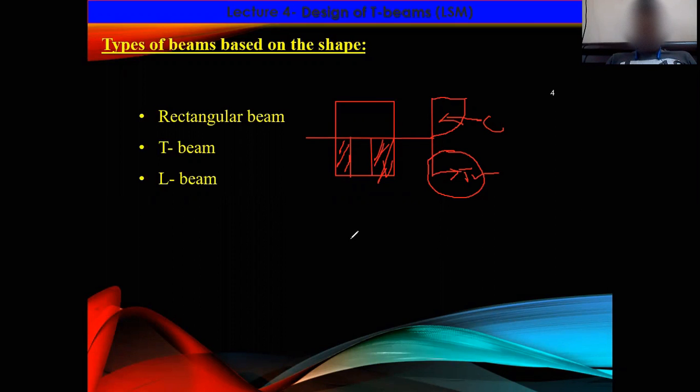See, design is nothing but what? The first criterion is safety. Whatever we are designing should be safe throughout its lifespan. And the second criterion is that it should be economical. It doesn't mean that to keep the member safe, you provide more steel or larger concrete sizes.